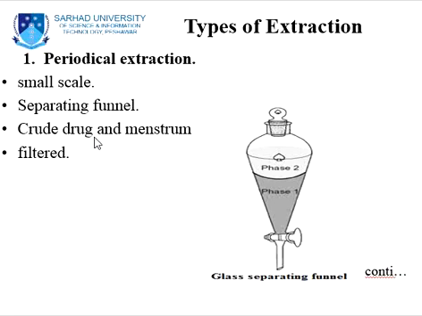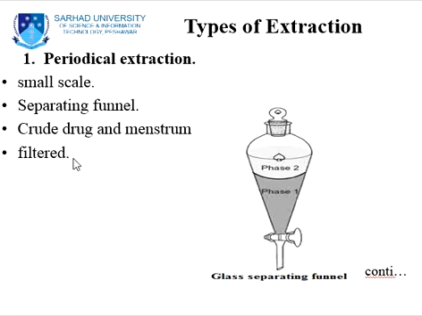And remember, this transfer is based on the polarity and solubility of the active constituents with that of the menstruum. The extractant is separated from the marc and finally filtered and processed accordingly.